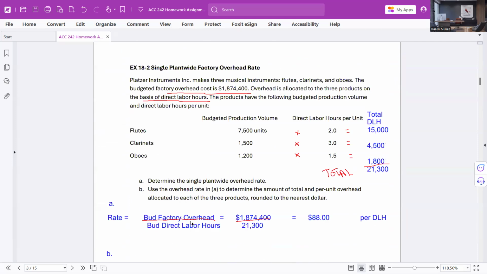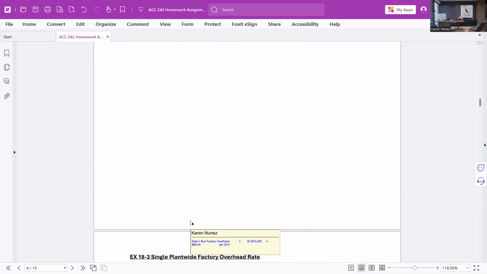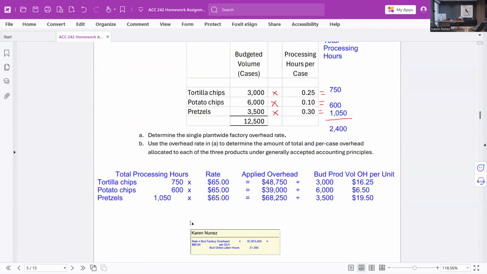And actually, that's not what I want. Bear with me a minute. Yeah, I'm sorry, this is what we need right here.